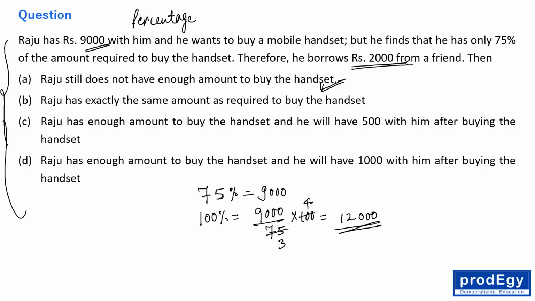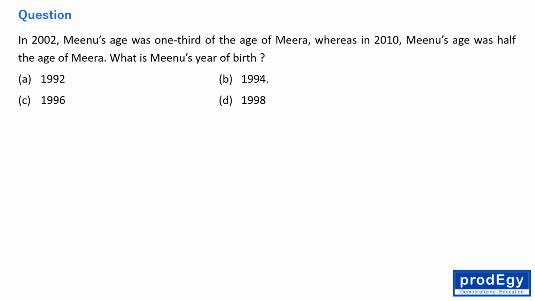Okay, now let's move to another one. In 2002, Minu's age was 1/3 the age of Mira, whereas in 2010, Minu's age was half the age of Mira.